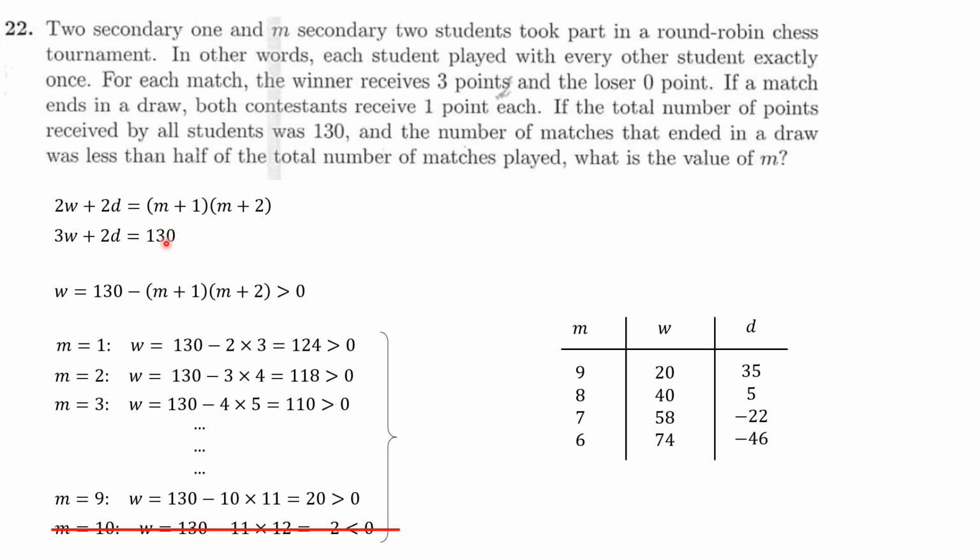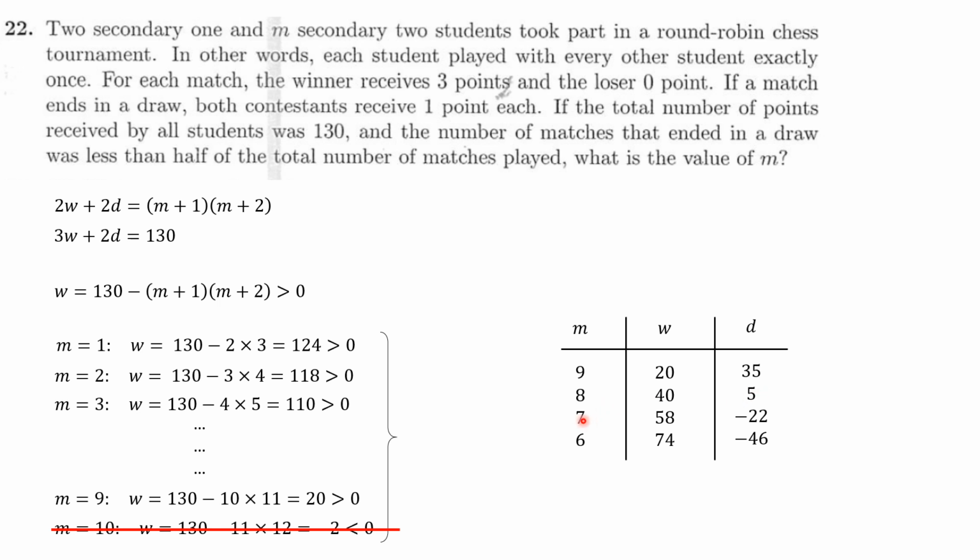So 2D equals 70, or D has to be equal to 35. So the number of games that ended in a draw is 35. And if I plug in 8, I end up with the number of games that ended with a winner being 40, then draws are going to be 5.